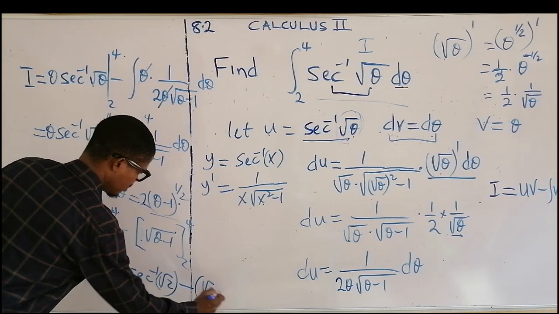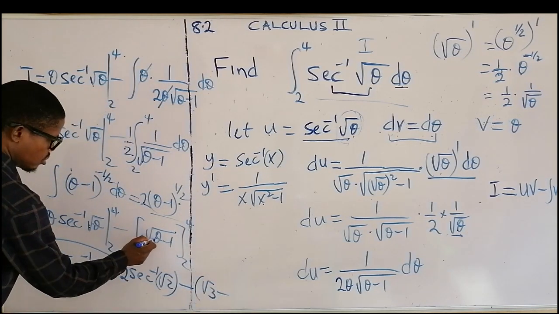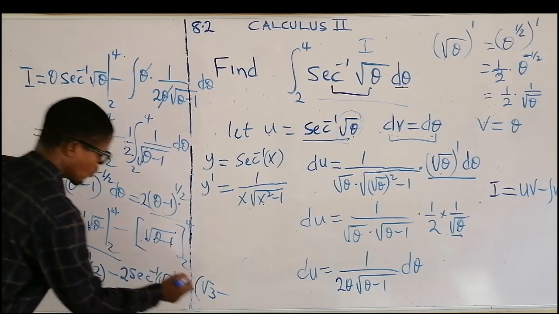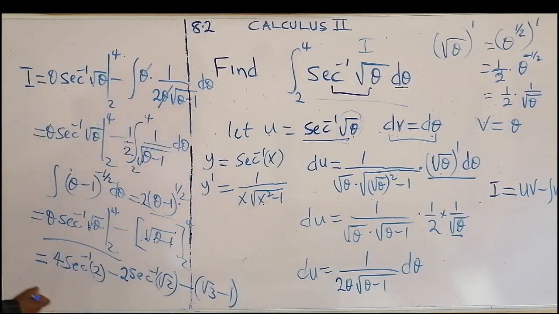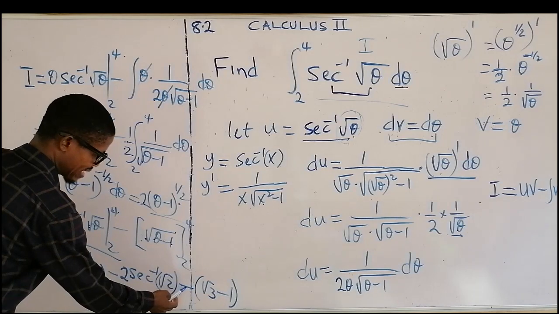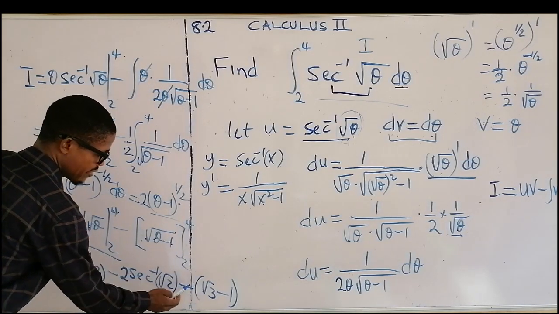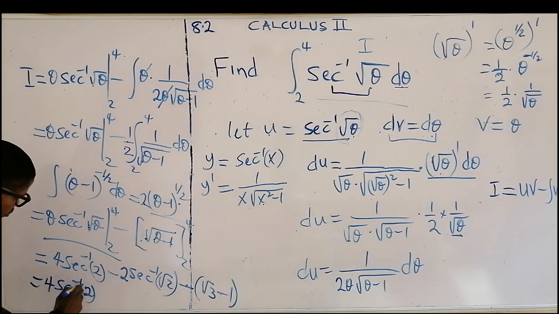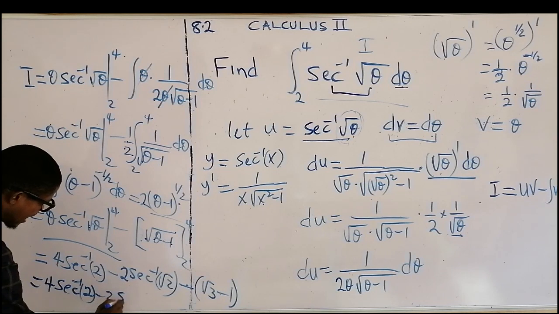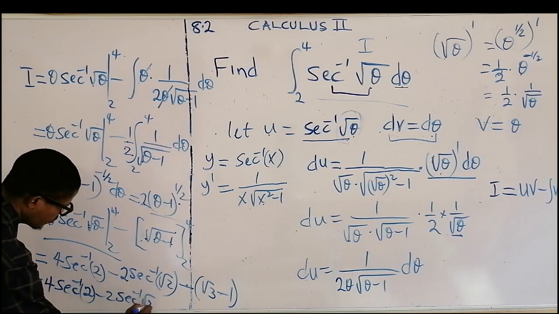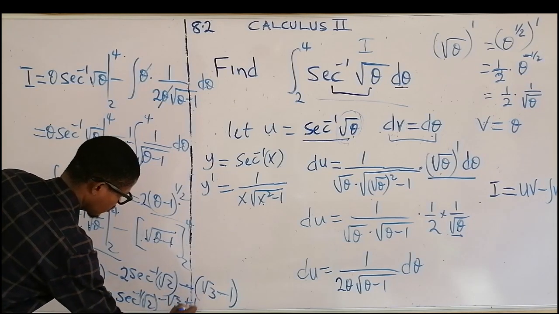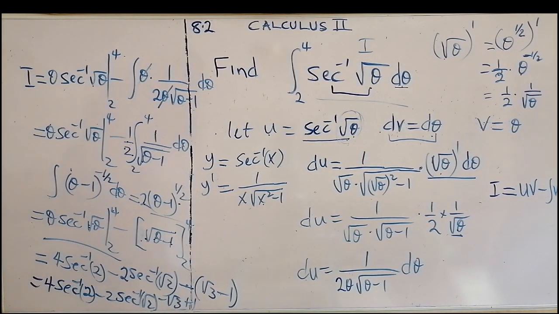Then the lower boundary, minus 2 minus 1, that's root 1, and root 1 is 1. So minus 1. If you open this bracket, this will be minus root 3, and minus minus 1 is plus 1. So we now have 4 arcsec 2 minus 2 arcsec root 2, and then minus root 3 plus 1. So that's the answer for this.